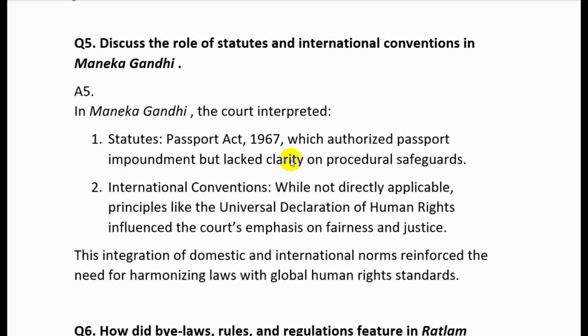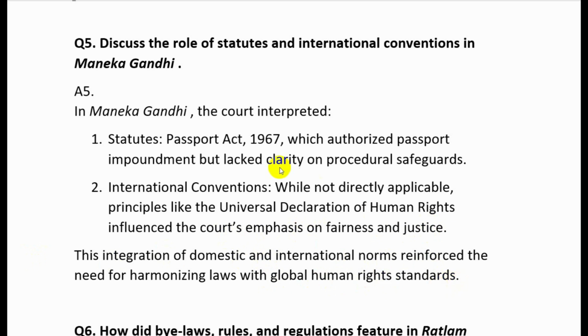International conventions, while not directly applicable, principles like the Universal Declaration of Human Rights influenced the court's emphasis on fairness and justice. This integration of domestic and international norms reinforces the need for harmonizing laws with global human rights standards.